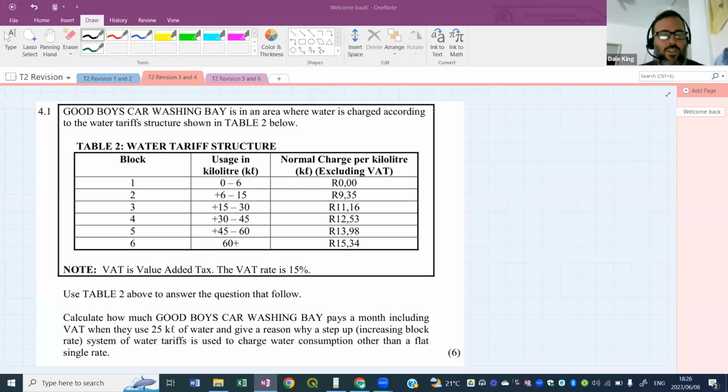Okay, so let's have a look at this. Let's understand the table first. So we got a tariff payment structure here. We've got 1, 2, 3, 4, 5, 6 rows of tariffs. Let's look at the first one. Now this is a normal thing to see in tariff tables. They've done away with it now, which I don't understand the legality of.